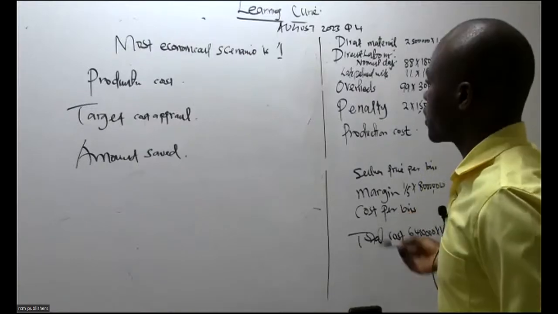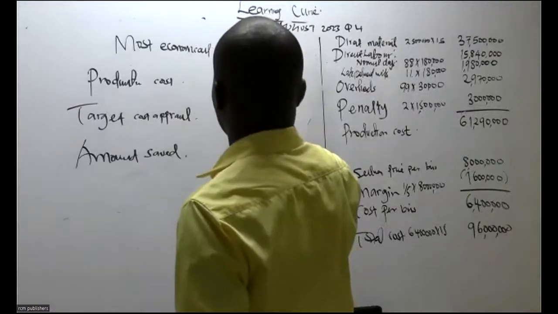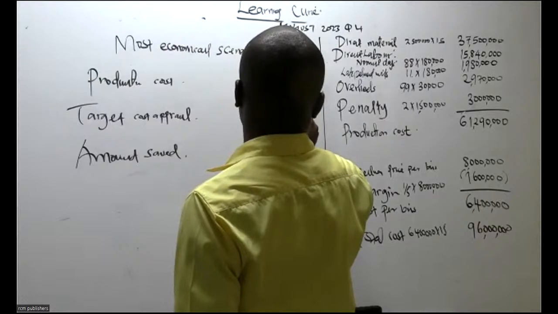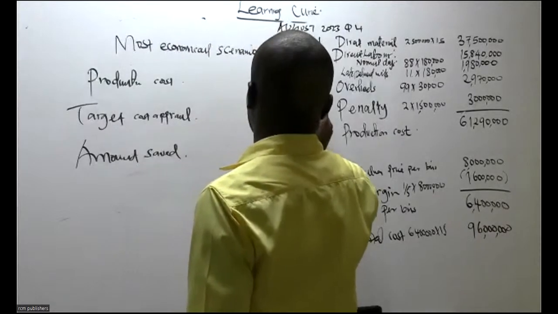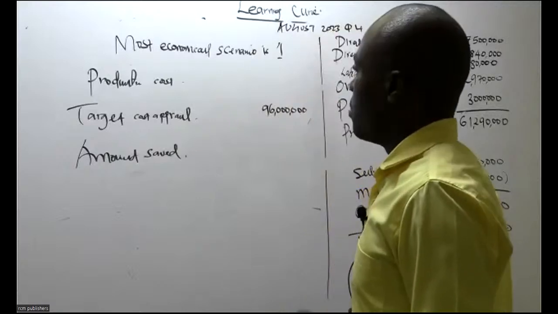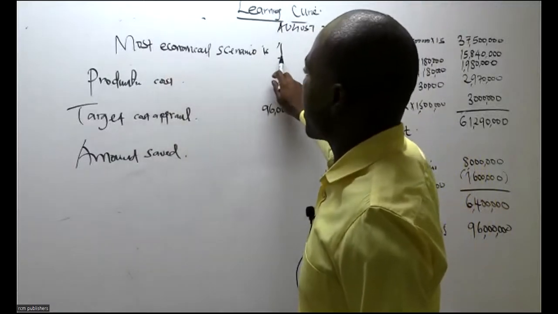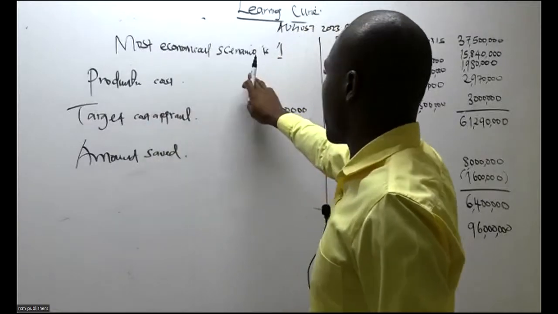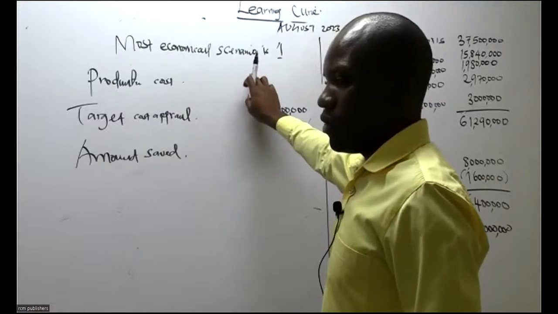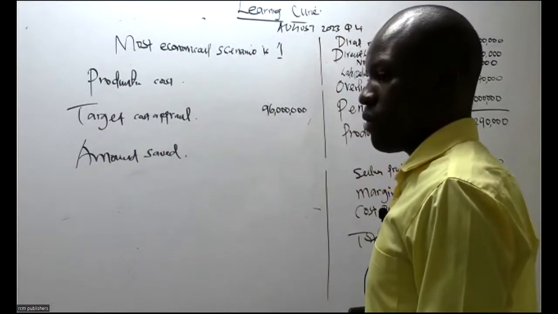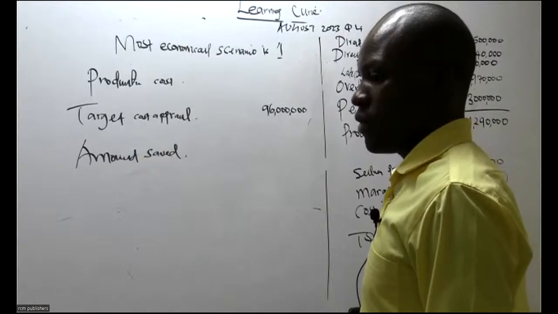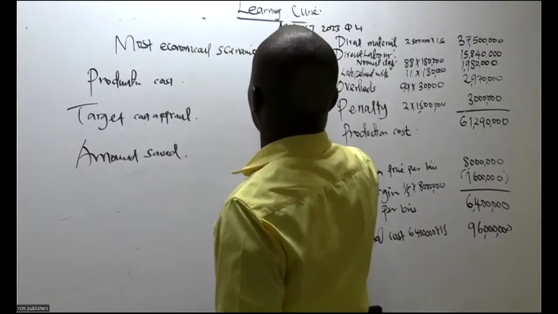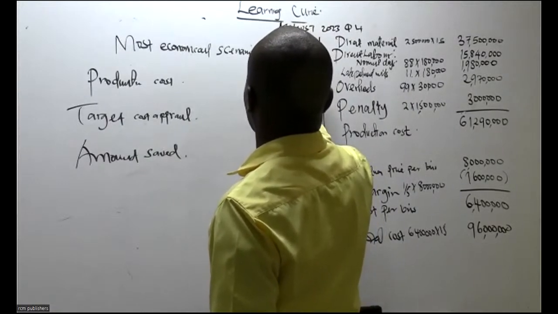If you use the target cost approach, they would have incurred 96 million to provide the 15 buses. But if they use the most economical scenario, which is 1, the production cost we were getting was 59,340,000.